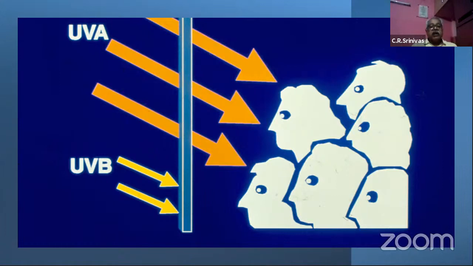Whereas if a person develops it directly on exposure, then we do not know whether it is UVA or UVB. And then if he stands behind the glass window, UVB is cut off, and if he develops it, that means he is allergic to UVA, and if he does not develop it, it is because of UVB. For this, you don't require any great instruments or anything. It can be done in your OP itself.